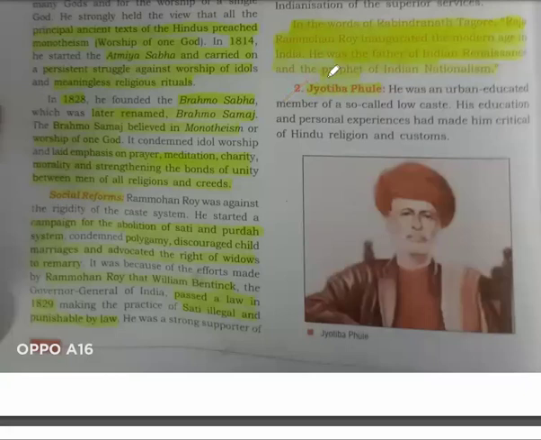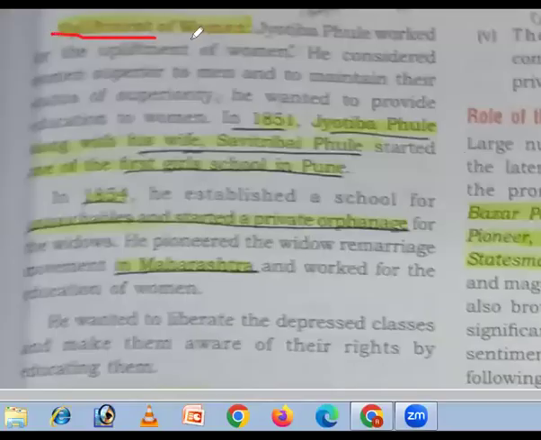So now Jyoti Phule. He was an urban educated member of the so-called low caste. His education and personal experiences had made him critical of Hindu religion and customs. He also worked for upliftment of the women.